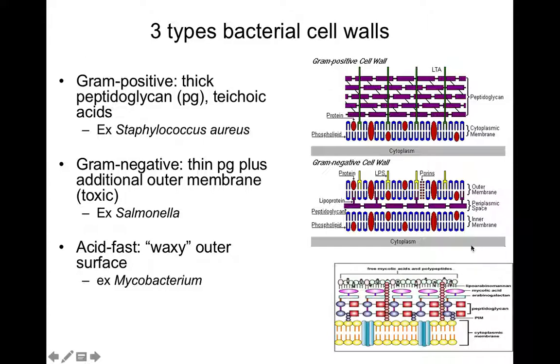The third type of bacterial cell wall is the acid-fast cell wall. And luckily, only a few pathogens have this waxy acid-fast cell wall. The wax we usually describe is called mycolic acid. It has an incredibly long hydrocarbon tail, so a nonpolar hydrophobic tail.